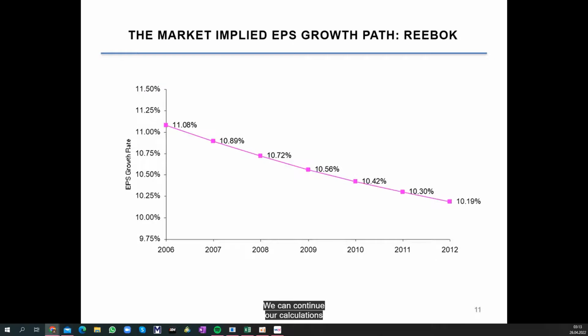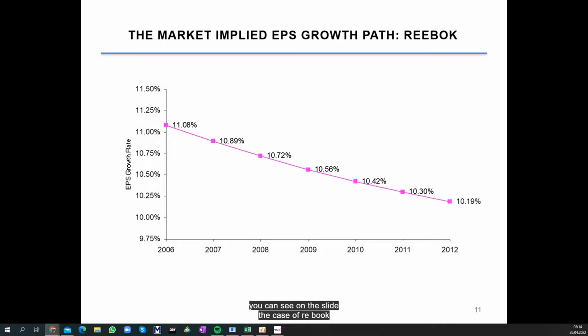We can continue our calculations and use the implied growth rate in abnormal earnings growth of 7.2% to calculate the abnormal earnings growth forecasts in the subsequent years after year 4. Using the abnormal earnings growth formula and the steps that we followed before, we can infer the corresponding earnings forecasts and the implicit earnings growth rates.